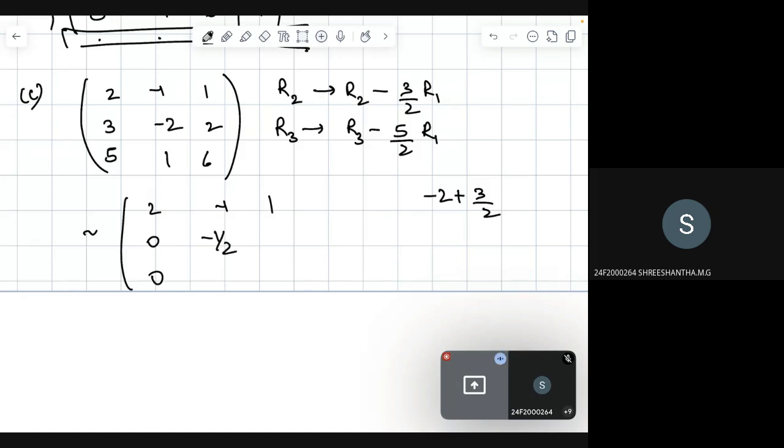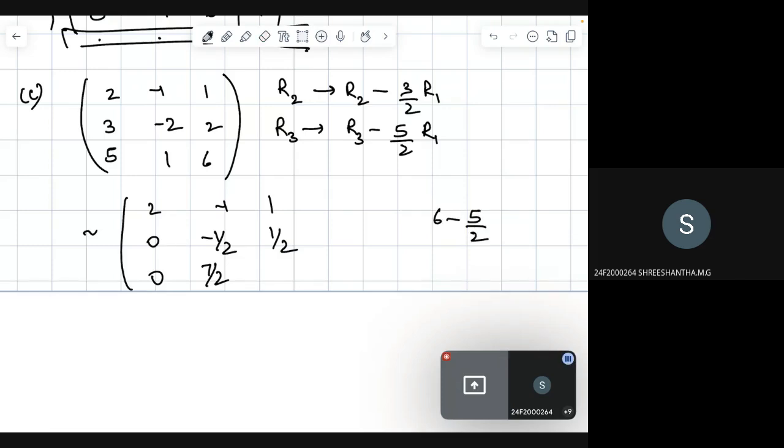So this becomes minus 4 plus 3 by 2, which is minus half, right? So I'm calculating the rank of this matrix. 2 minus 3 by 2 into 1, which is 4 minus 3, which is half. Next is 1 minus 5 by 2 into minus 1. So this is 7 by 2. Then 6 minus 5 by 2.